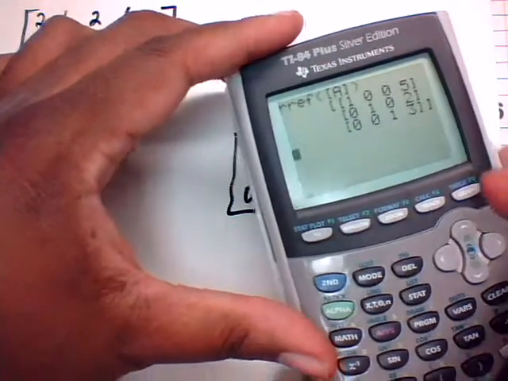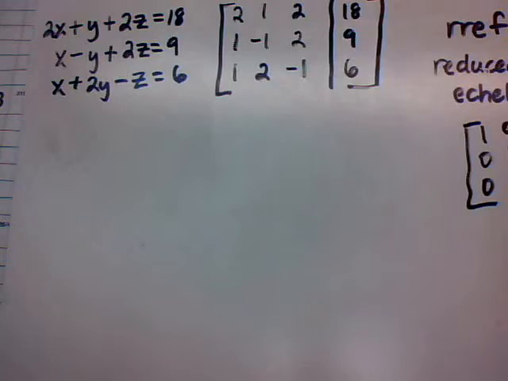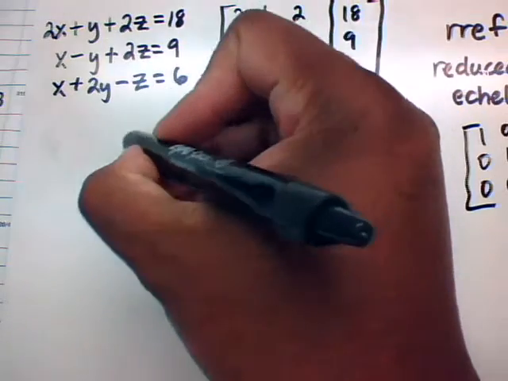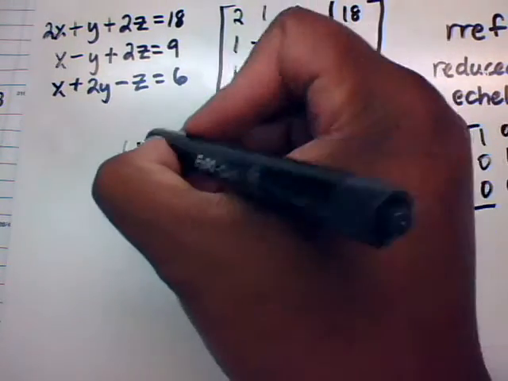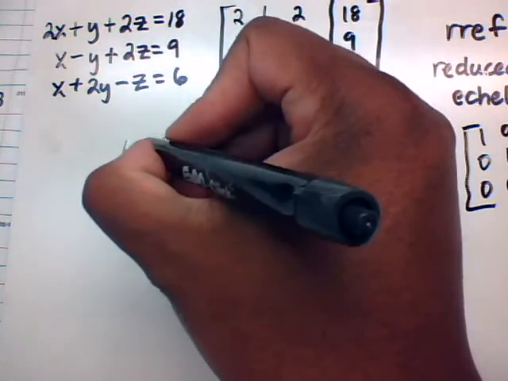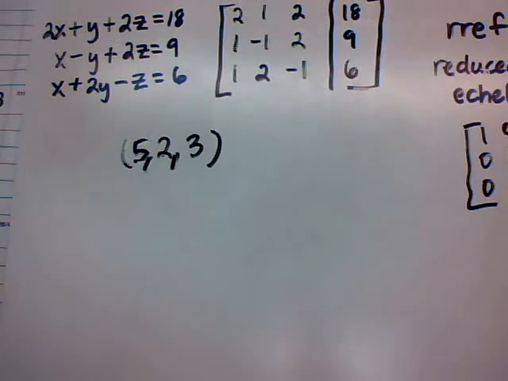So for this system of equations here, your ordered triple will be 5, 2, 3. Which is exactly what I came up with when I did the matrix row operations in the prior video for matrix solutions for linear systems. Okay?